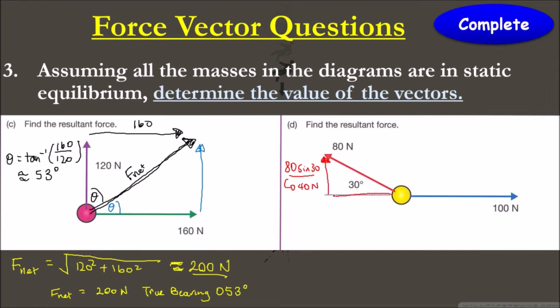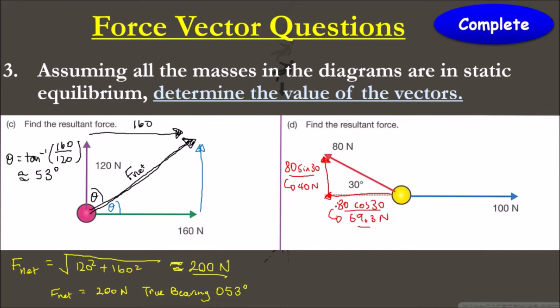And it also has a horizontal component. Okay, to find that one, it would be 80 cos theta, because we have the adjacent side here and the hypotenuse here, 30 degrees here, and that would be approximately 69.3 newtons. Okay, so that's what we have.